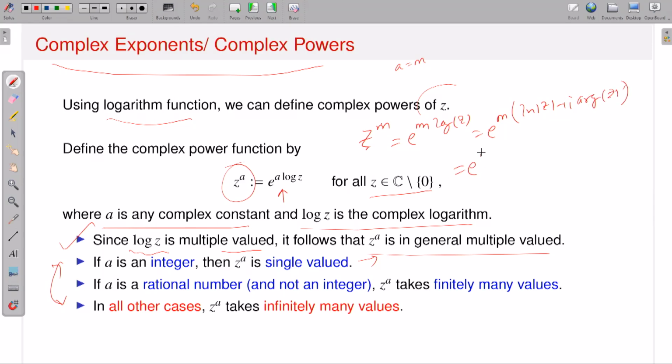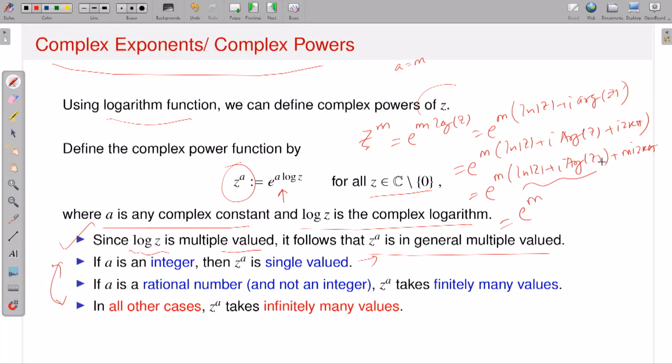That is e to the power m times ln of mod z plus i capital arg of z plus i 2k pi, which is e to the power m ln of mod z plus i capital arg of z, plus m times i times 2k pi.